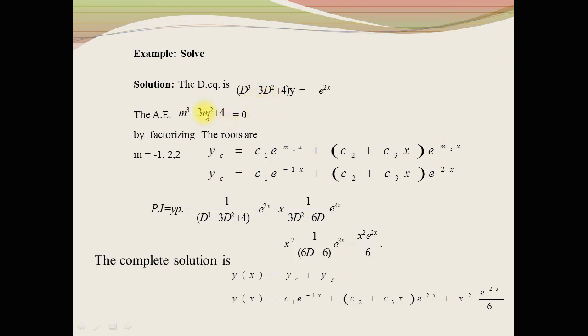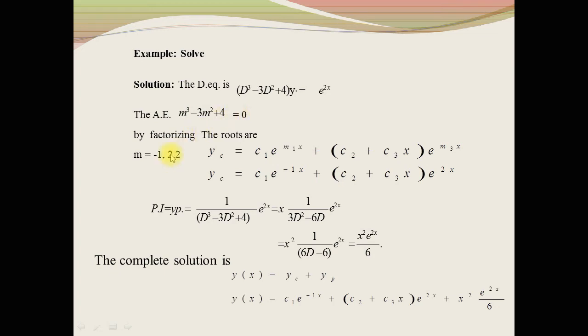Now the roots of this auxiliary equation, by using synthetic division, this equation is satisfied by putting m = -1: (-1)^3 means -1, and -1 + 4 is 3, and when we put -1 here, (-1)^2 means 1, multiplied by -3 is -3, and -3 + 3 is equal to 0.